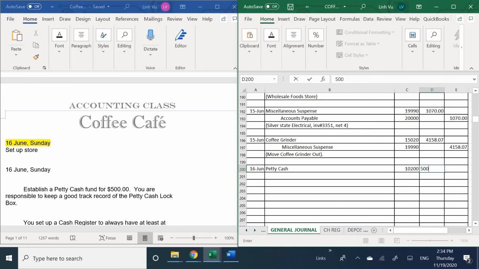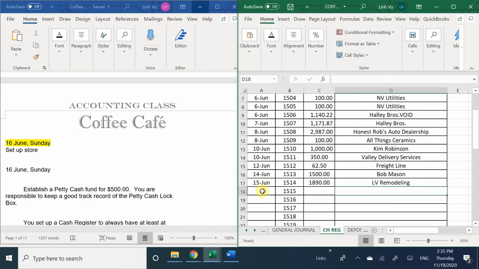Then the next one is checking, 10,100, and that's 500 in the credit column. First we're going to go to the check register and write the check.